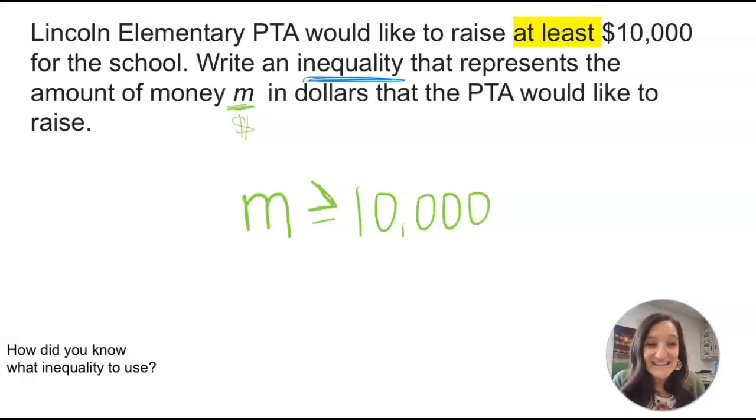Yeah, at least $10,000 is greater than or equal to $10,000. So you can kind of think of the word at least as being equal or greater, right? But nothing less, nothing leaster than $10,000. So greater than or equal to is what at least means.